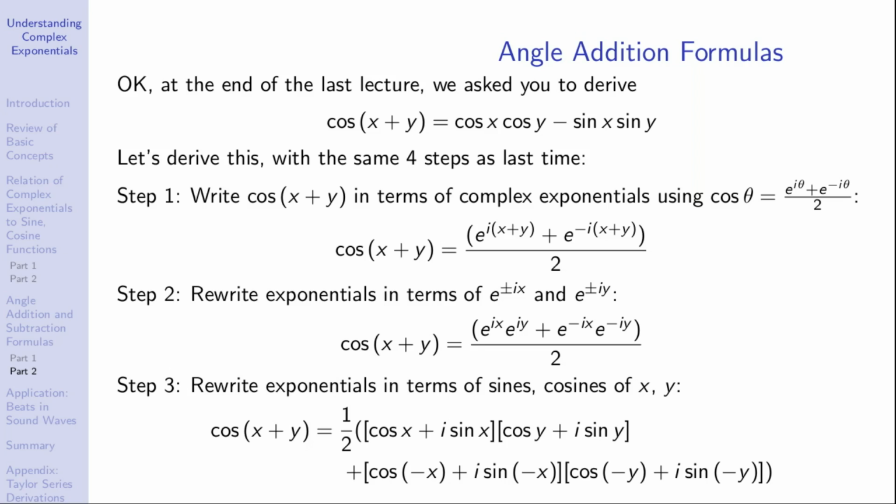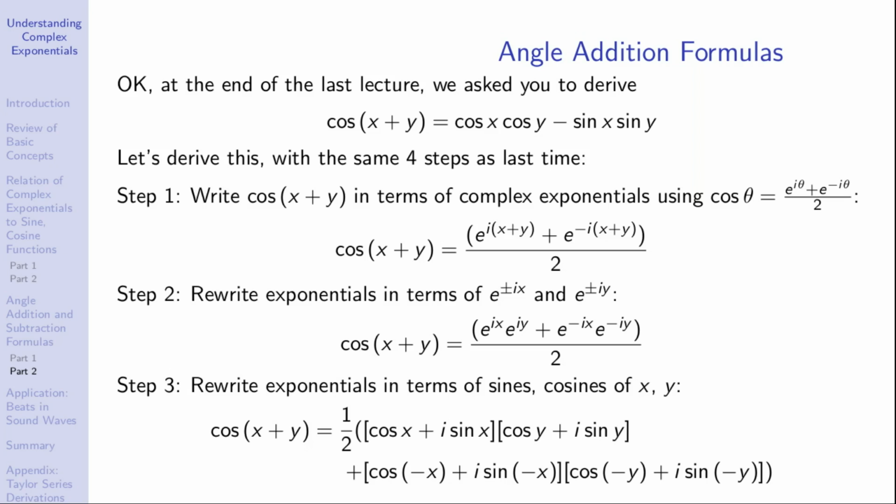We write cosine of x plus y in terms of complex exponentials using the relation cosine of theta equals e to the i theta plus e to the minus i theta over 2. So we get that the cosine of x plus y is equal to e to the i(x plus y) plus e to the minus i(x plus y) over 2.